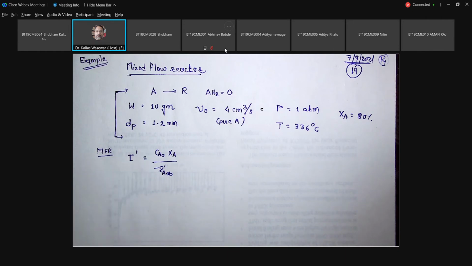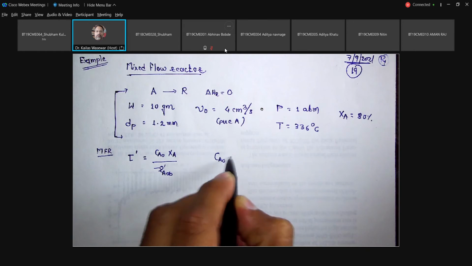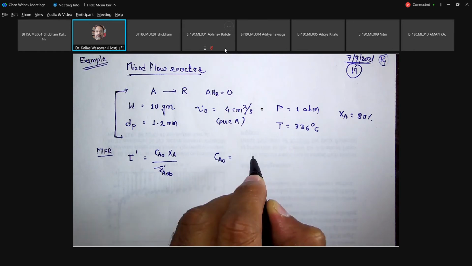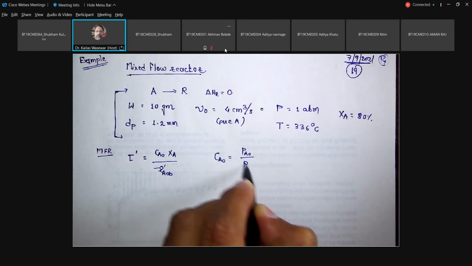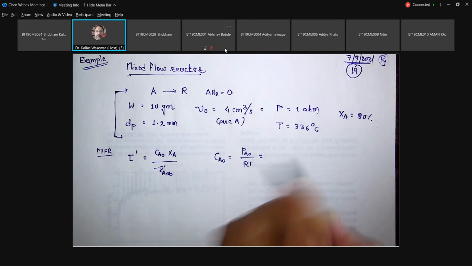Ca0, gaseous reaction, so how can we find out Ca0? Pa0 upon RT. So Pa0 is 1 atmosphere.